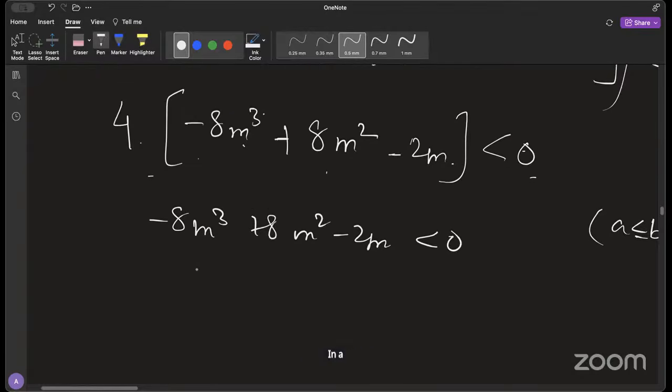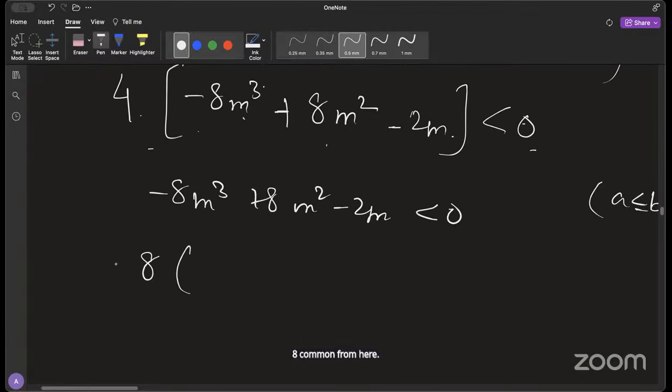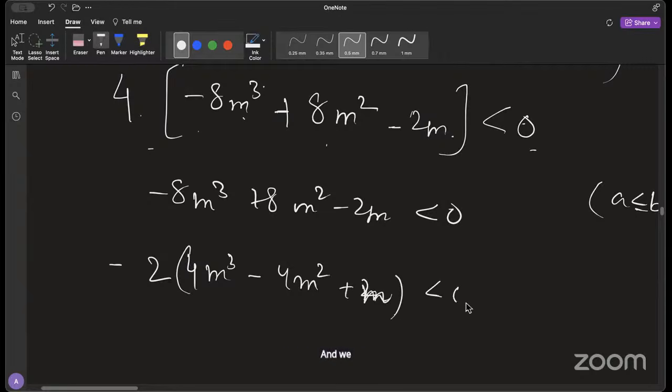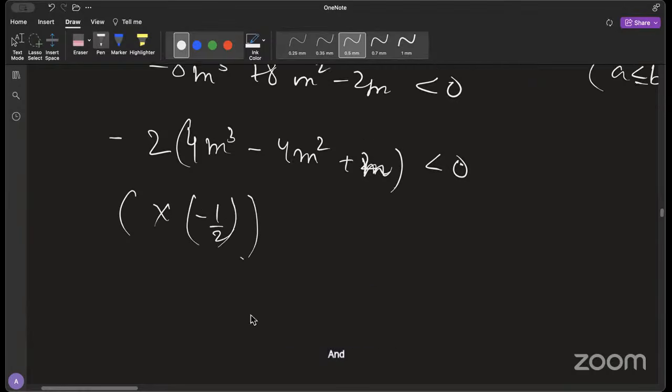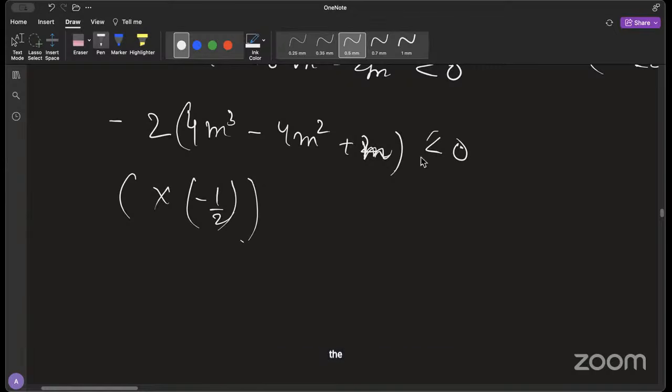In a similar way, I can take 8 common from here, or maybe minus 2. So I'll have 4m cube minus 4m square plus m, and we have this thing less than 0. And now because I'm multiplying by minus half on both sides, the inequality should change, right?